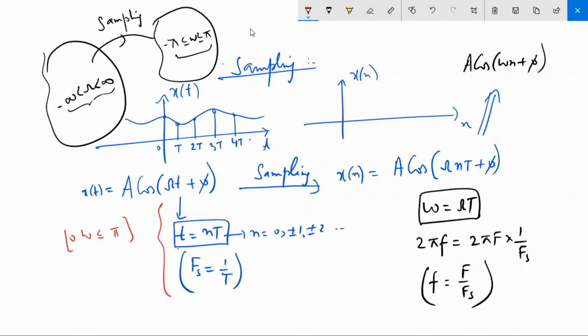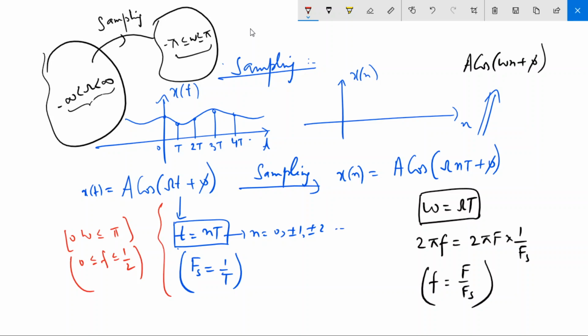And how can you assure that? Omega is your omega t, or f is your f by fs. In terms of f, you can say that this frequency f should be between 0 and 1 by 2.